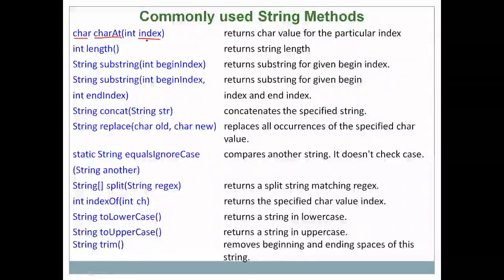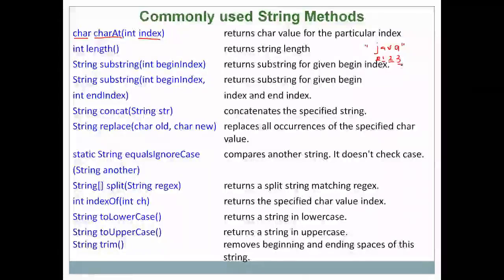For example, suppose we have the string Java. This string contains 4 characters, and the first character, J, is located at index position 0. The second is at index position 1, the third at index position 2, and the fourth character is at index position 3.